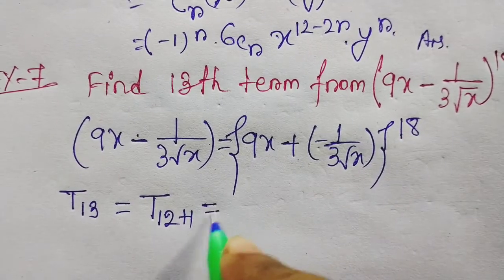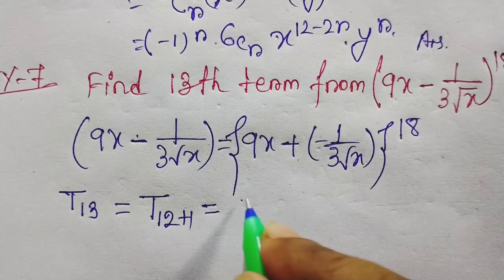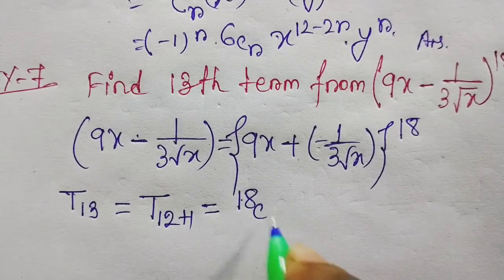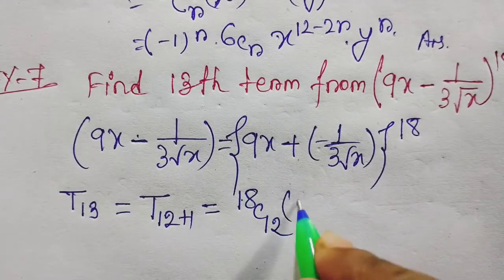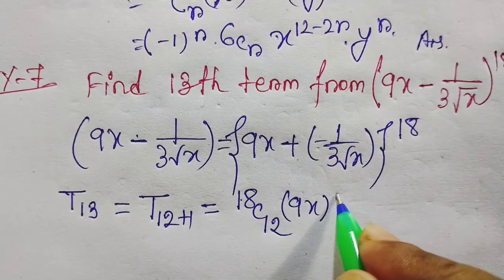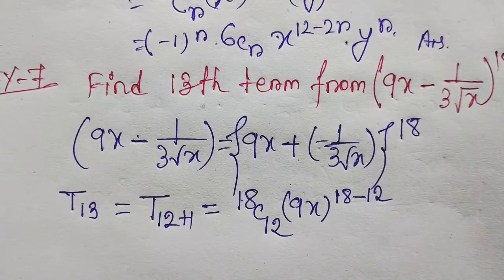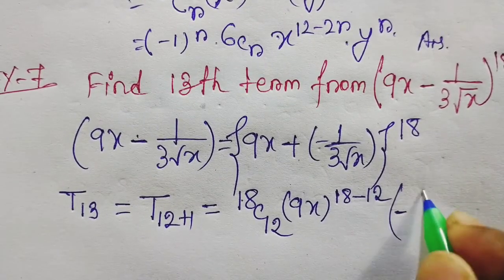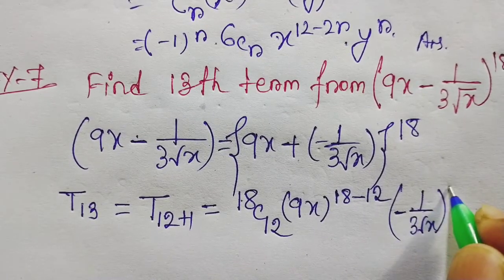So 12 plus 1, nCr formula first. So nCr means 18C12. Next, x to the power, here is 9x to the power n minus r, that means 18 minus 12, and a to the power, a means (1 by 3 under root x) whole to the power 12.